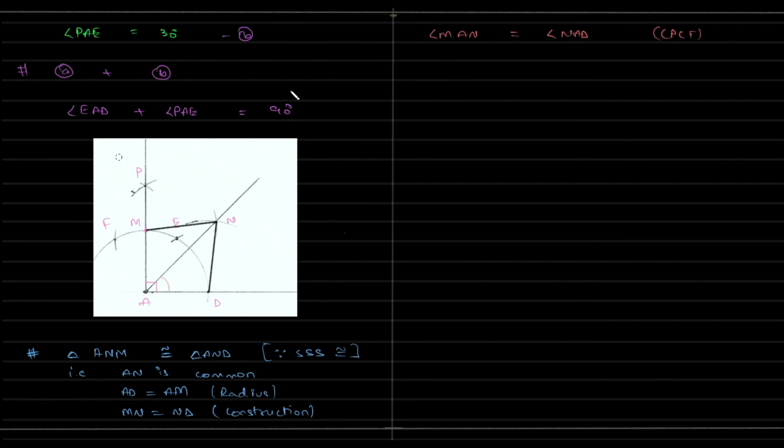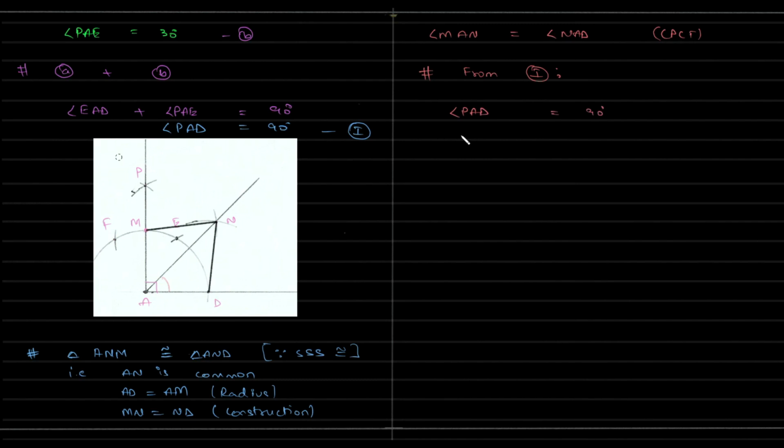So let's substitute this into equation 1. Angle PAD is equal to 90 degrees. I think I've used 1, so we'll call this the first equation. So from the first equation, we have angle PAD equal to 90 degrees.